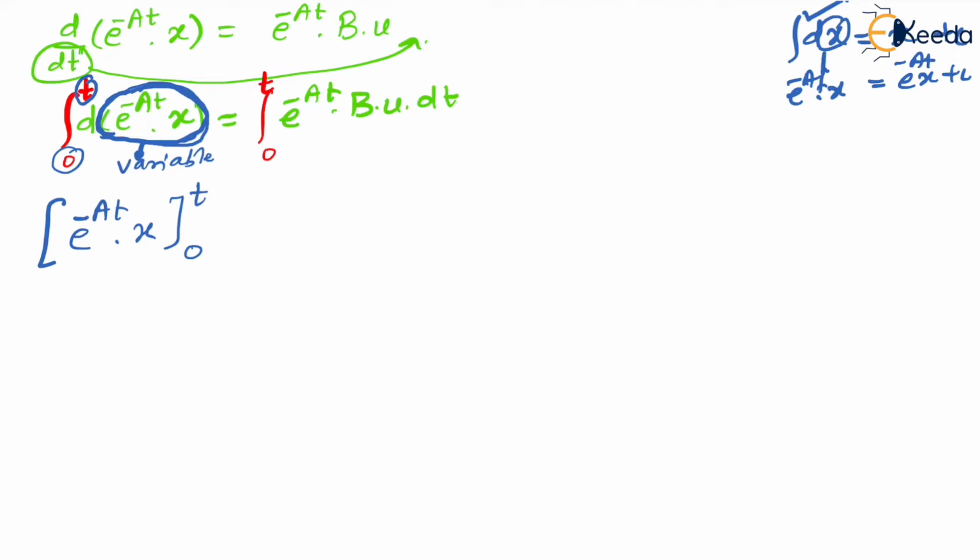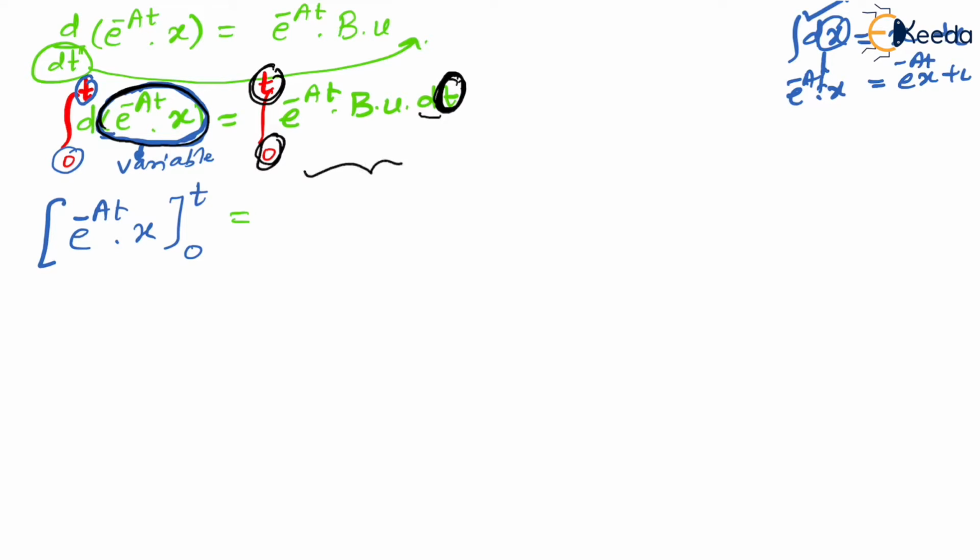Right. Now you need to observe one simple thing here. In the first one, the variable which was there was e to the power minus at into x, right? But now the variable is t, and the limits are also from 0 to t. Just imagine that the variable is t and your limits are also from 0 to t.